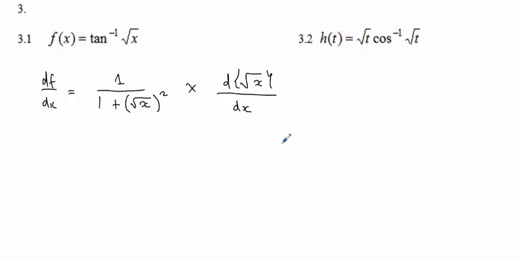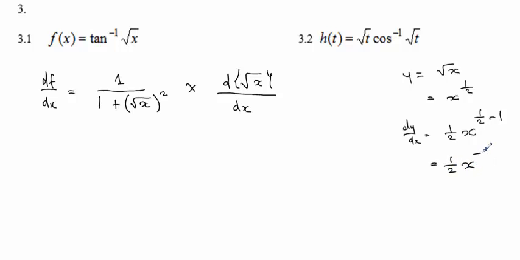Then the question is now, do we know how to differentiate y is equal to the square root of x? Remember, the square root is the power, which is power half. Then applying our normal power rule, we know that this dy dx is going to be our n, which is half, multiplied by x to the power n, which is half, minus 1, and then this is 1 over 2, x to the power minus 1 over 2.